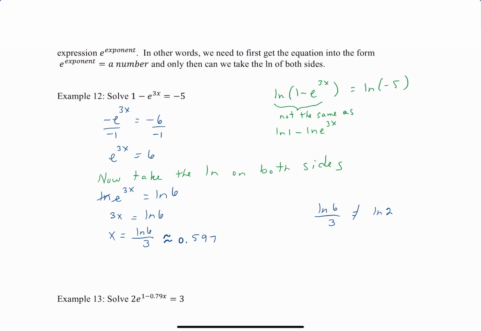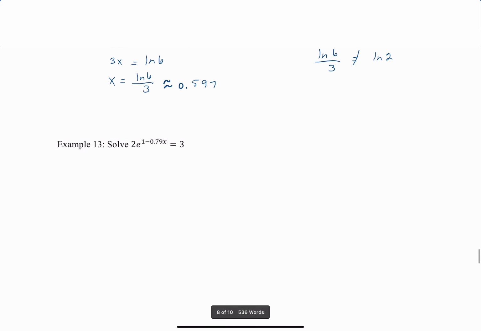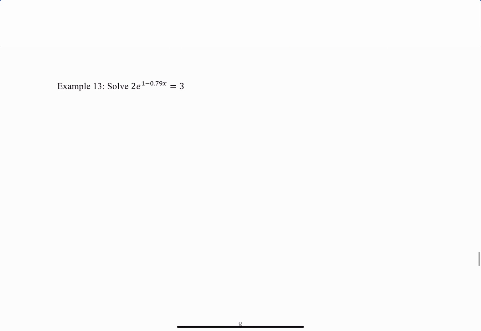All right, let's try another of the more complicated ones. Let's solve 2 e to the 1 minus 0.79x equals 3. Again, we're going to have problems if we take the ln right now, because the e to the exponent is not alone on one side of the equation. The problem here is that that 2 is in the way.